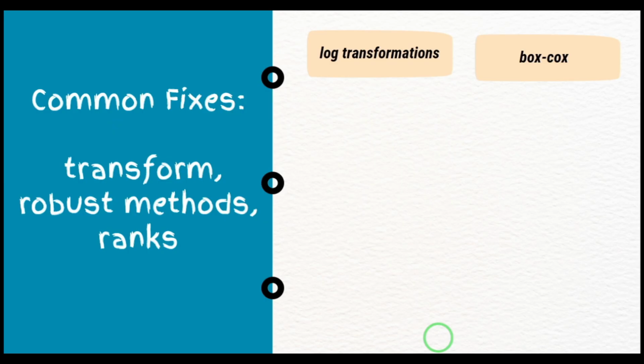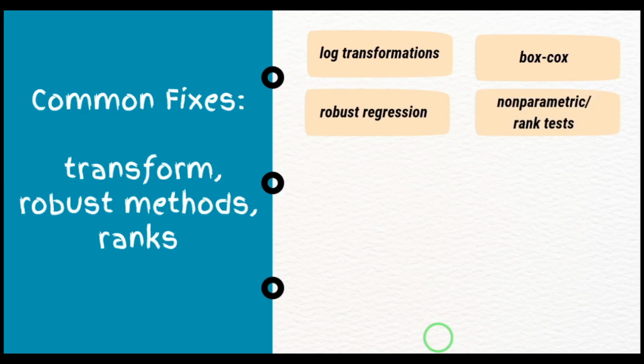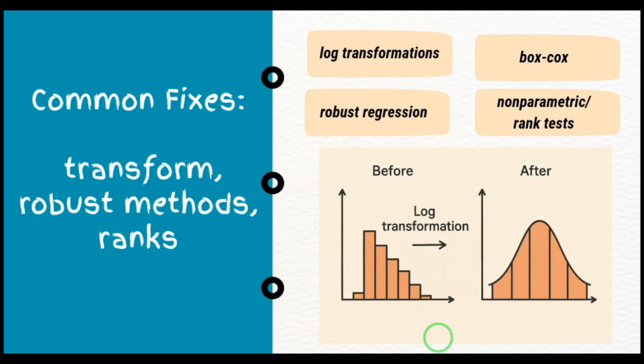And lastly, fit robust models because they're less sensitive to tails, or use rank-based methods, for example Wilcoxon. We use these models because we need inference without strong assumptions. The right choice out of these options, I'd say, depends on your goal, so you can choose any of them depending on which goal you have for your dataset.